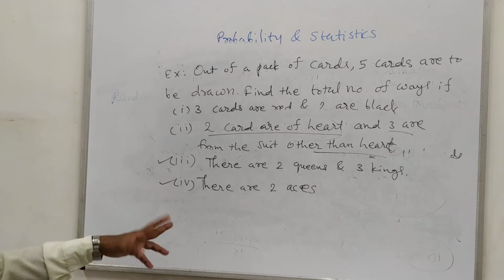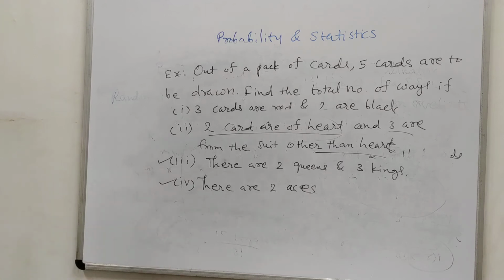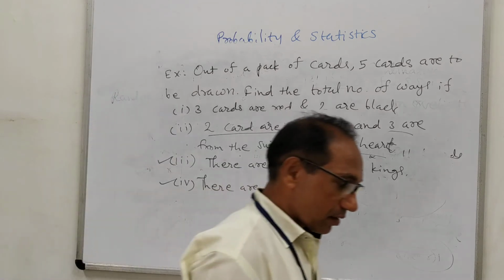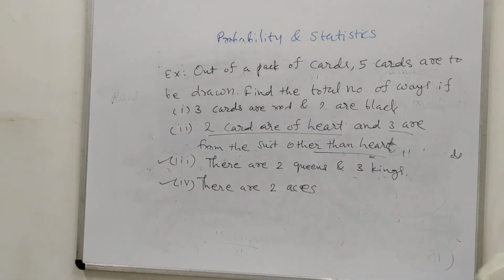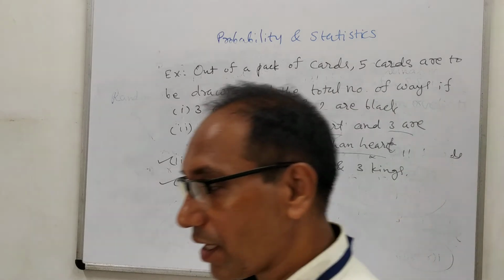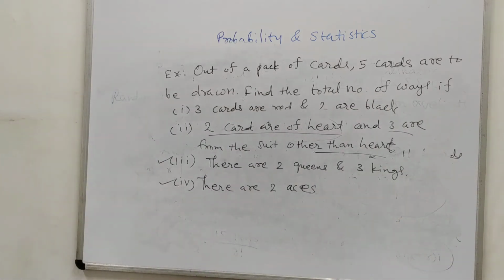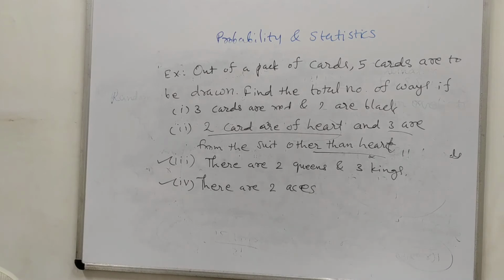That means we can select this from 4 cards, and the remaining 3 can be of any type. Can be of any type means by deducting the number of aces from 52, we will have remaining 48 cards, and among 48 cards we will have to select 3. That means this we can do in 48C3 ways.